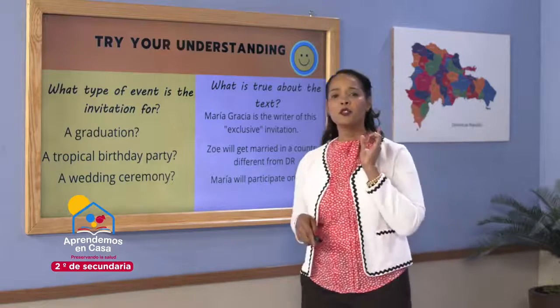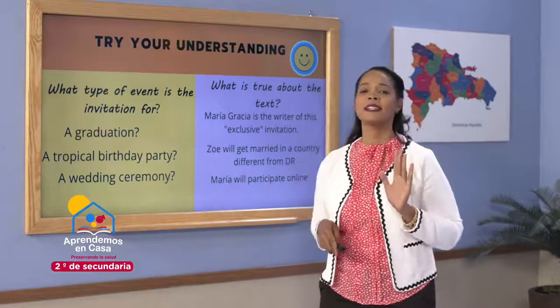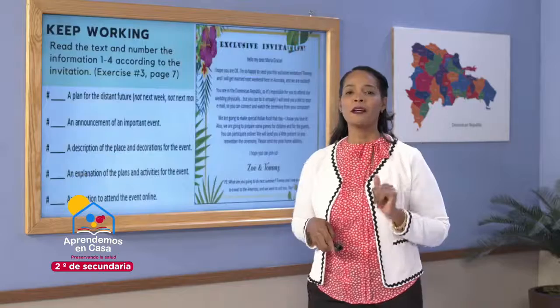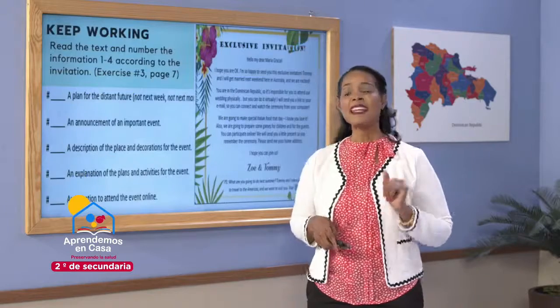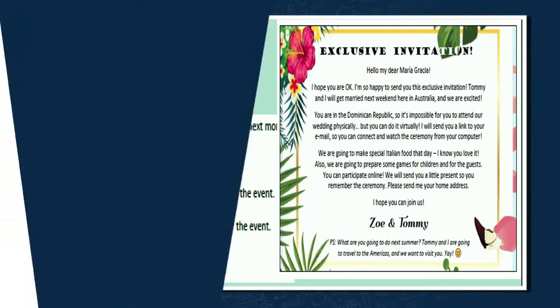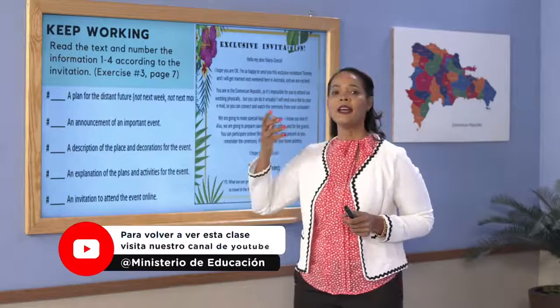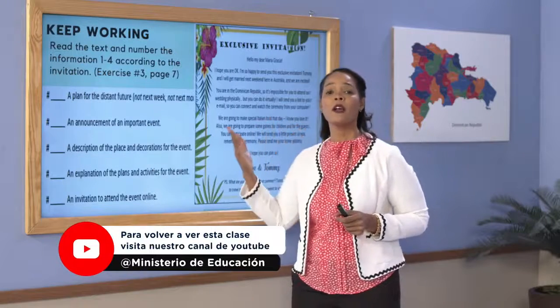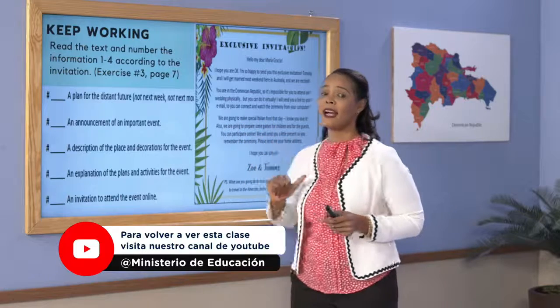Now I want you to read the letter once again. Quiero que vuelvas a leer la carta. And on this occasion, I want you to number these sentences or information from 1 to 4. Quiero que vuelvas a leer la carta y que esta información que aparece aquí la ordenes del 1 al 4 de acuerdo al orden en que aparecen en la carta.